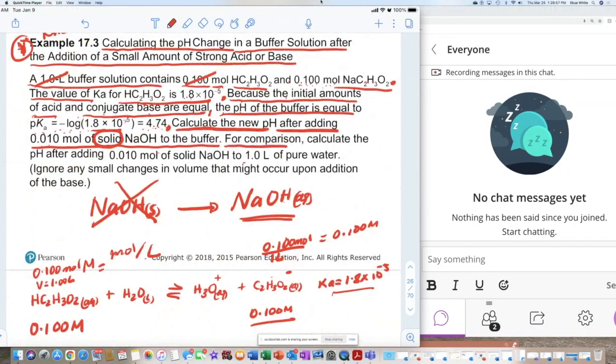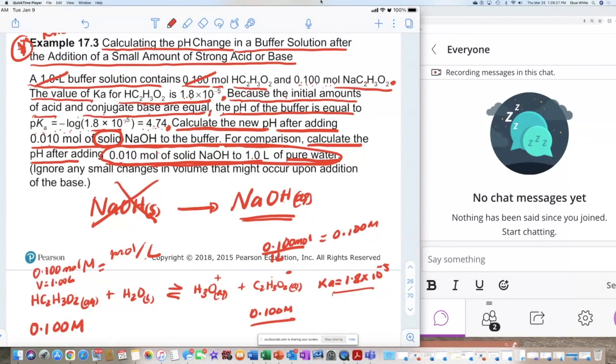They said, okay, for comparison, calculate the pH after adding 0.1 mole, the same amount of base, to 1 liter of pure water. Okay, what am I trying to compare? Let me paraphrase this. What they're trying to say is, if you think that wasn't maintaining pH, let me tell you what the same amount of base would do to pure water, because pure water does not have buffering capacity.